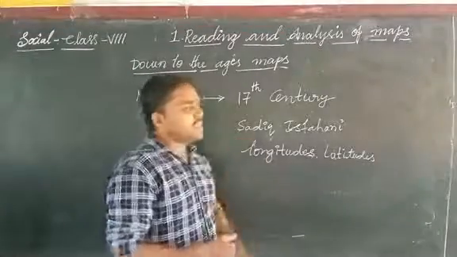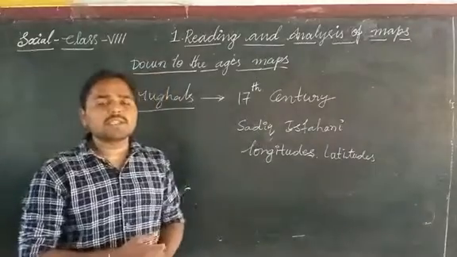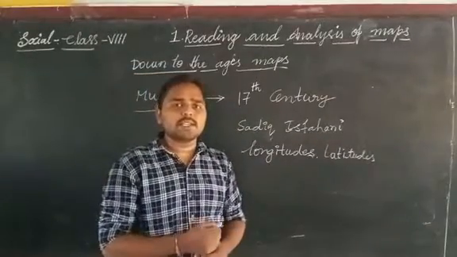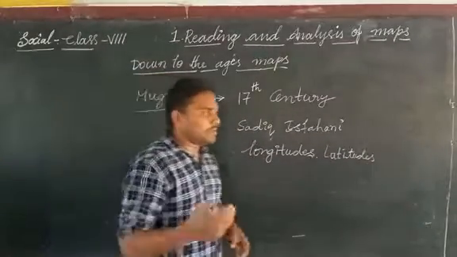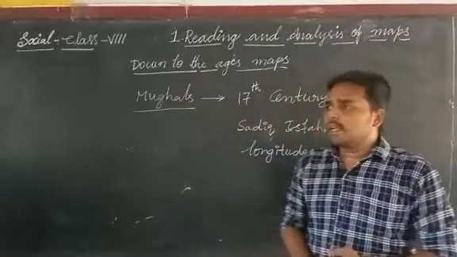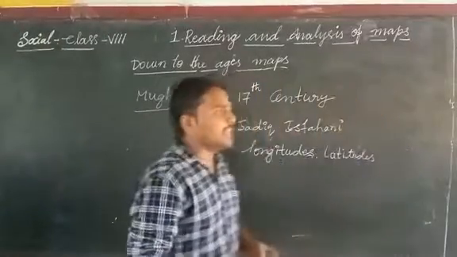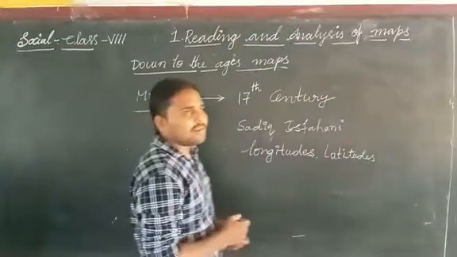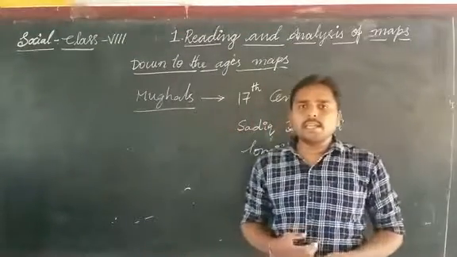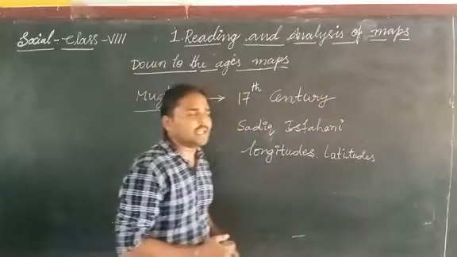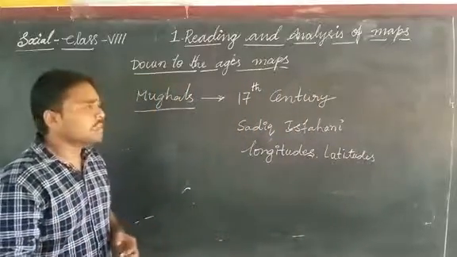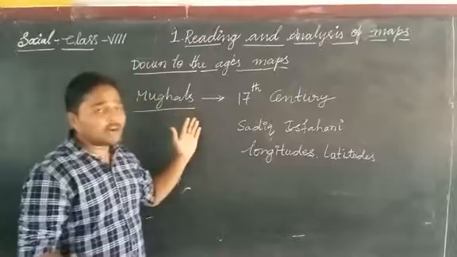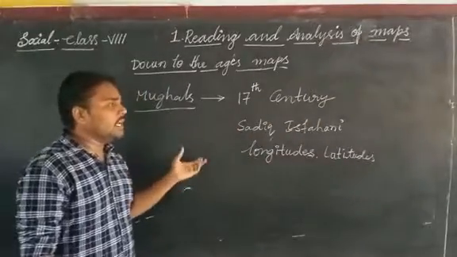Okay, after the 17th century, the Britishers started the preparation of maps. After the Britishers started making maps, different types of maps evolved. They surveyed the entire region of a particular continent, and they drew all the maps.